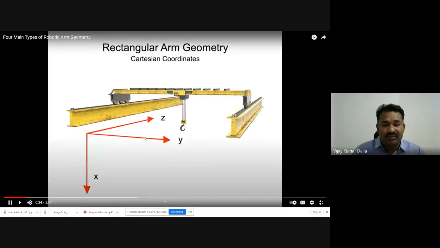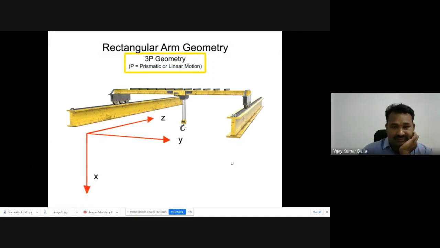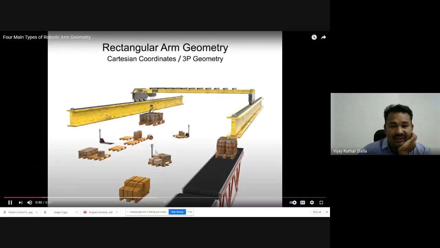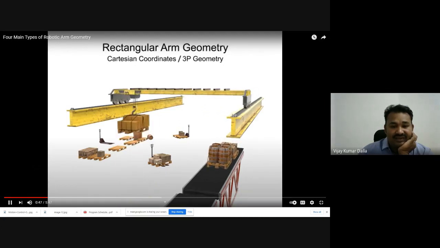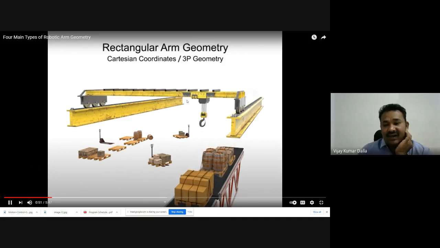So whatever motion will be, that will be along X, Y, Z. You can see it is coming forward, and this hook is moving left, right, and it is picking and taking off.